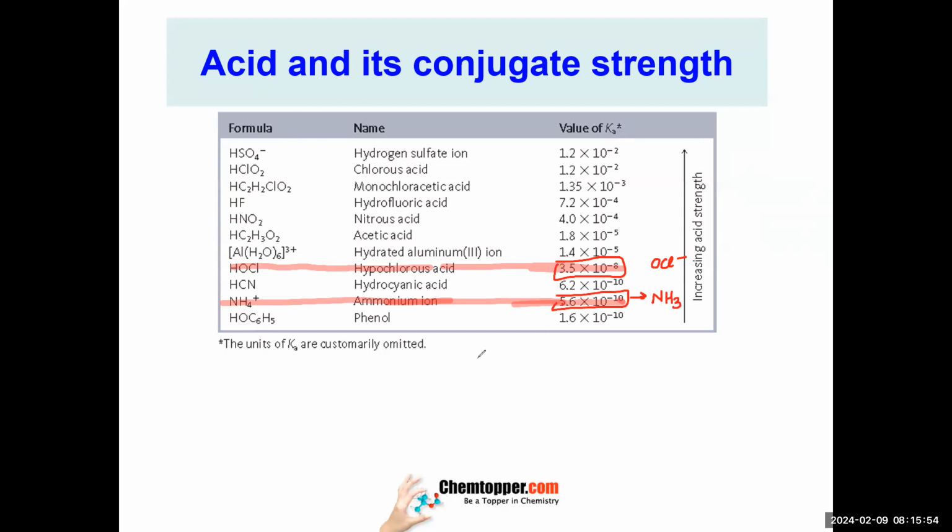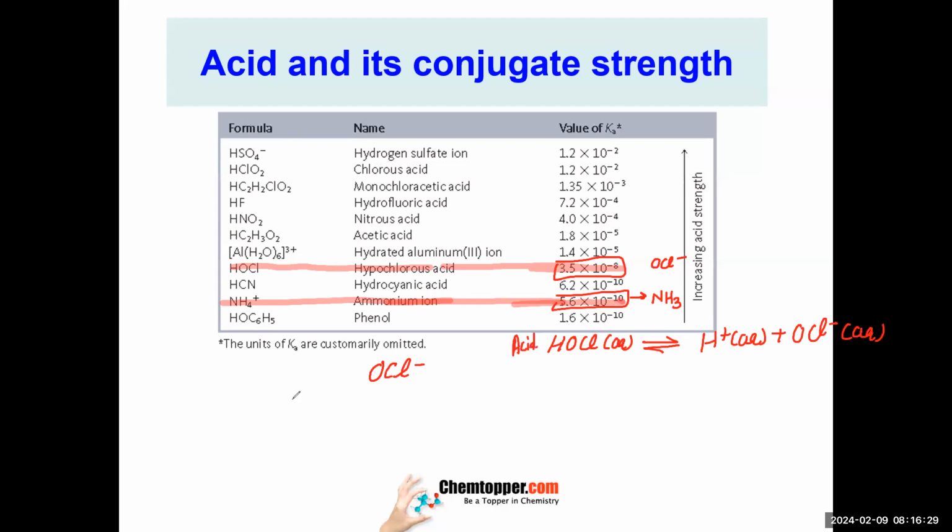Okay. Now what happens to these conjugate bases? Now I'm teaching you one very important concept which will be needed in the rest of unit 8. When you said OCl minus is the conjugate base, you're working with HOCl, HOCl in water undergoing dissociation to give you H plus aqueous and OCl minus aqueous. That's the equation for the acid.